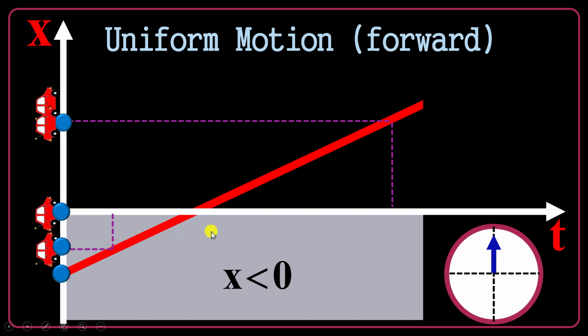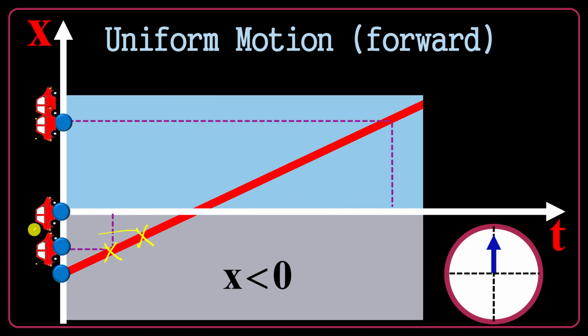According to my convention, here is negative x and here is positive x. So whenever you check any point here, the object is at negative values of x. And accordingly, when the object has a graph above the t-axis, like here, it will have positive x, positive location. That's all. There's nothing that special.